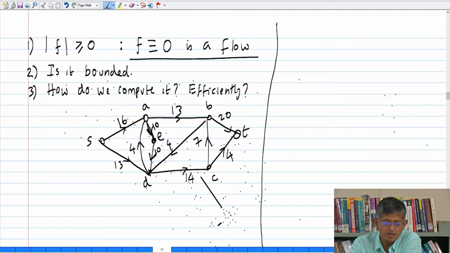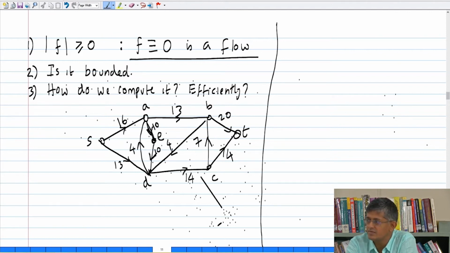In other words, you have to give me values for all these pairs. There are 7 vertices, so 7 times 7, 49 pairs. You must give me values for f of u comma v. It must satisfy those conditions of a flow.